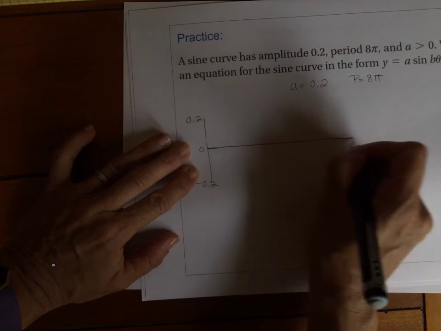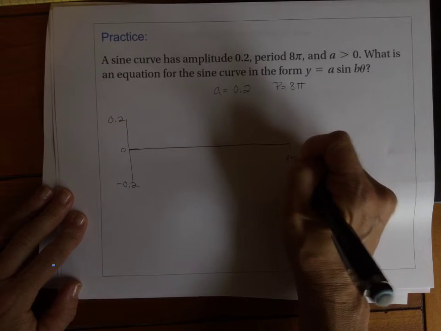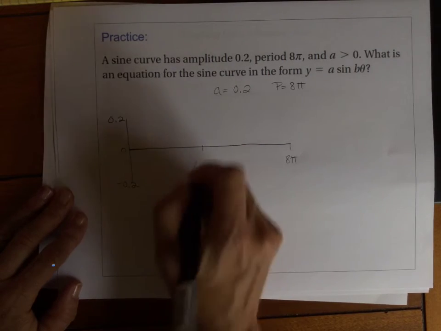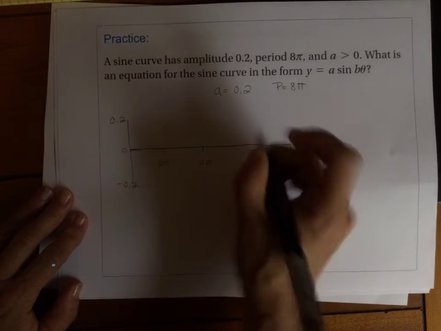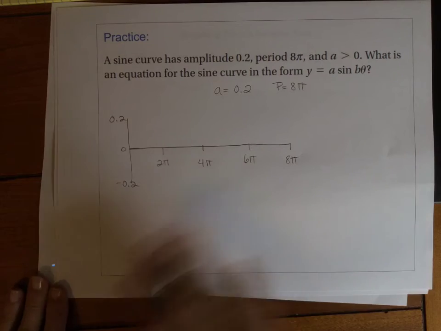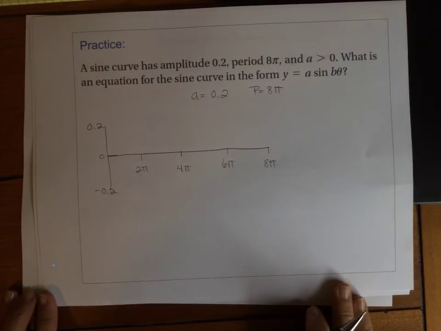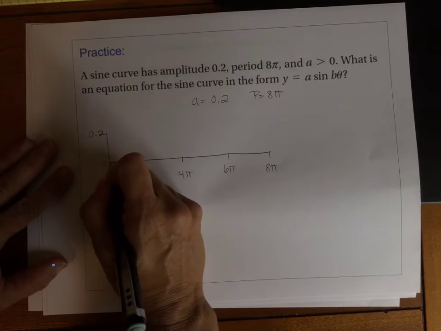I just come out for any amount of length, so let's call this 8 pi. I divide it into fourths, so half of that is 4 pi. This is 2 pi, so this has to be 6 pi. And it's not exact. I'm not using graph paper. You probably should. And then we're going to follow our pattern.